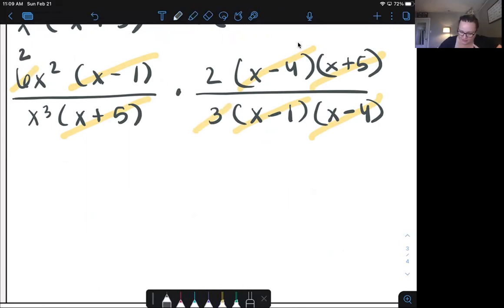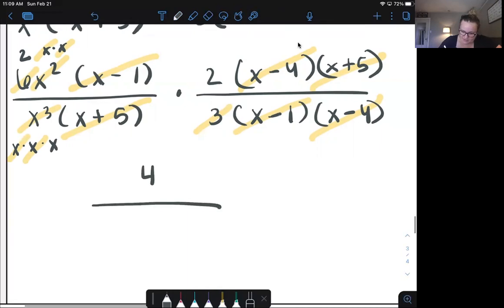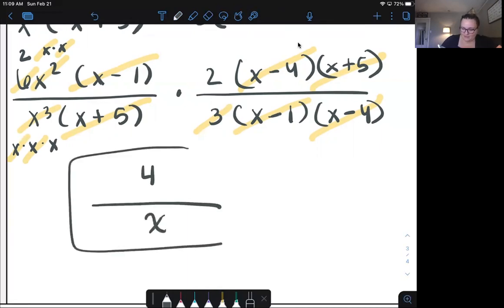So x squared is really x times x. And x cubed is really x times x times x. So 2 of these x's will cancel. So what I'm left with here is 2 times 2 is 4 over x, times everything else canceled. So we're just left with 4 over x.